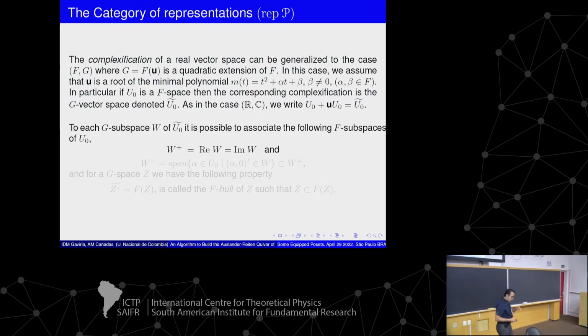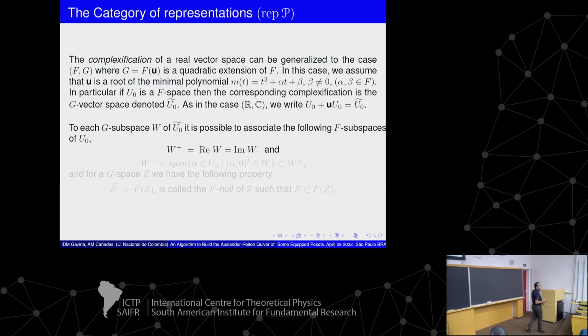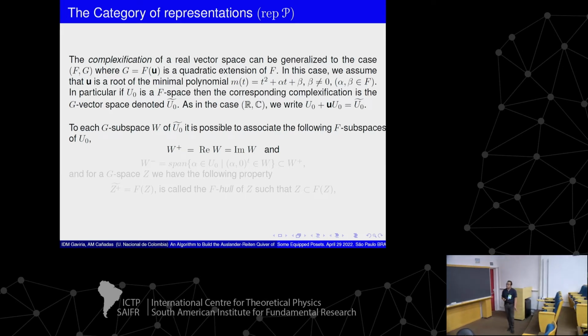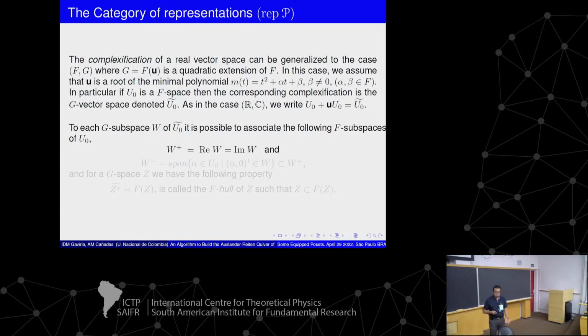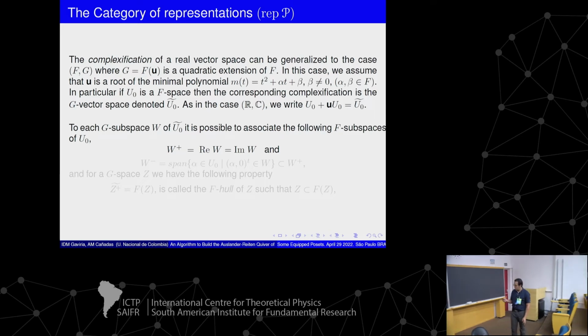Then, as in the classical case, we can have the complexification of an F space. Here, if U sub 0 is an F space, you can do the complexification, denoted by U sub 0 tilde, and this is the complexification of this space.